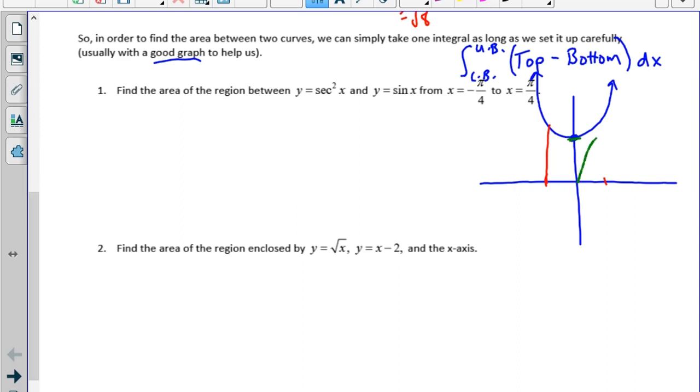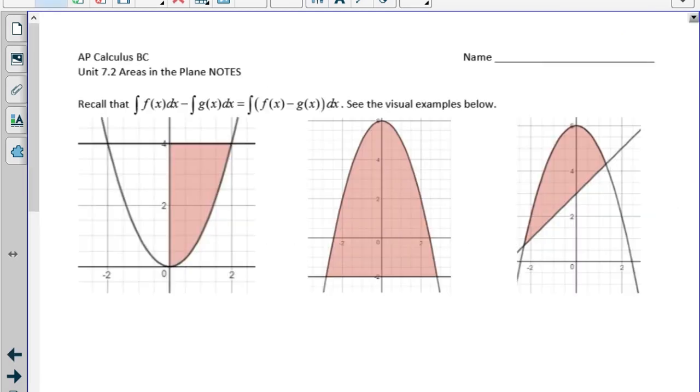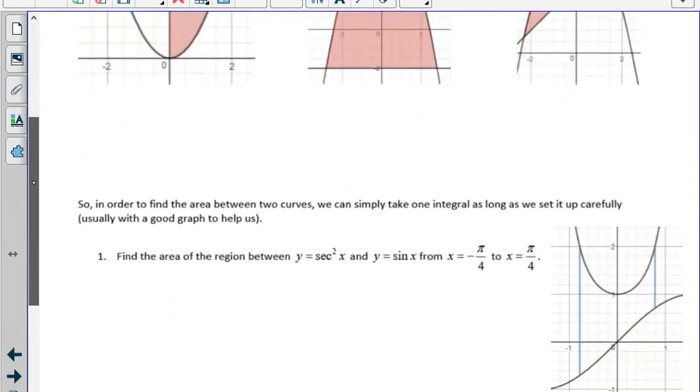So it should go something like this. So if I have pi over 4 and negative pi over 4 as my outlooks, this should be the area that I'm kind of looking for. If I actually graph it a little bit better than my freehand sketch, it will look something like this. So I want to find this area in here.